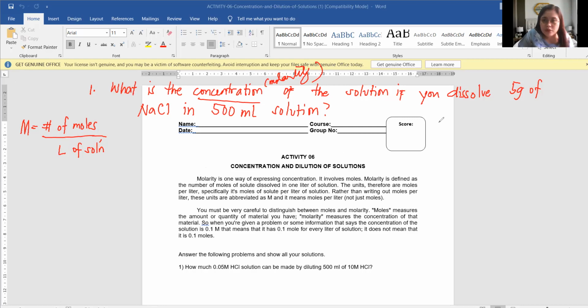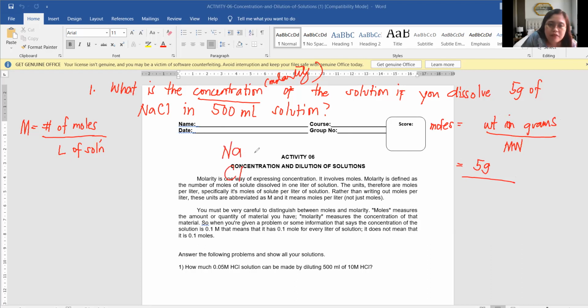Ang number of moles is computed like this. Weight in grams divided by the molecular weight. And in the given, the weight in grams is 5. So we have 5 grams. How about the molecular weight? We have computed for the molecular weight of NaCl a while ago. Diba?